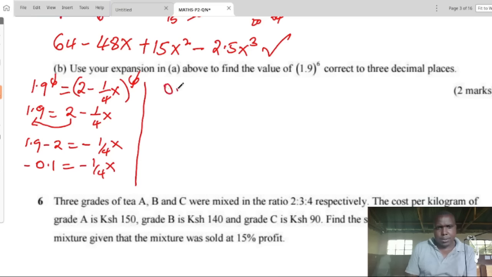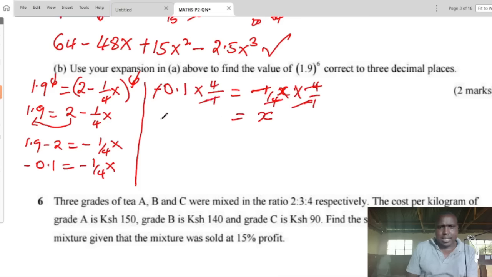So negative 0.1 times the reciprocal, negative 4, is equal to negative 1 over 4x times the reciprocal, so that this and this cancel. So we remain with x. X is equal to 0.4.